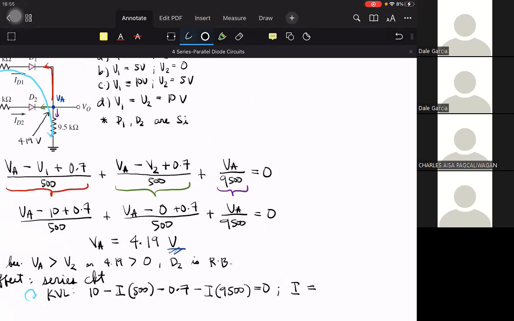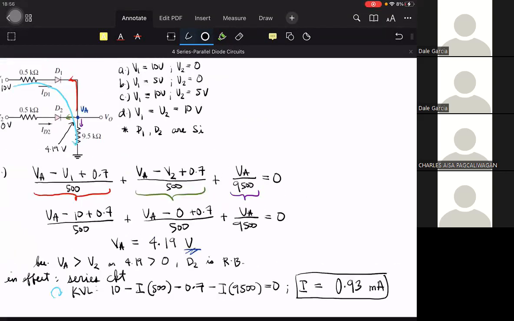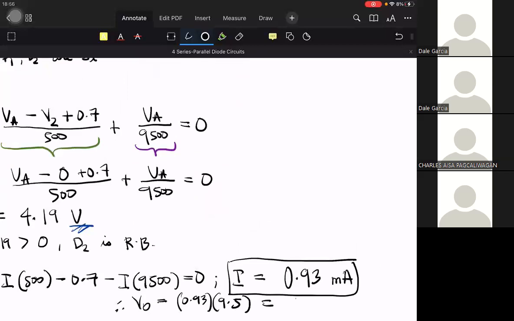Answer is 0.93 milliamperes. Therefore, VO is 0.93 times 9.5, which is equal to 8.835 volts.